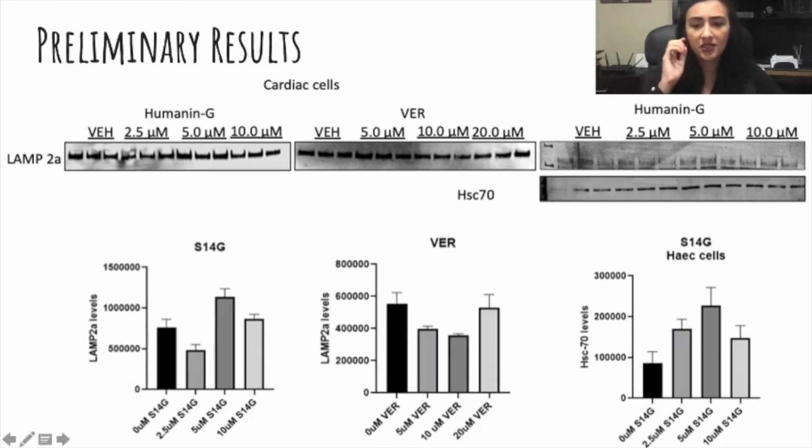And again, as you can see from cardiac cells and endothelial cells using our activator, at 5 millimolar there's an increase in the levels of both LAMP2A and Hsc70. Then with BER, which is our inhibitor, we can see that for cardiac cells at about 10 micromolar, there are decreased levels of LAMP2A.